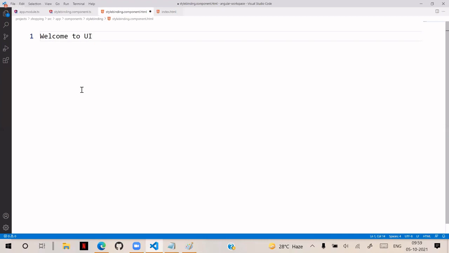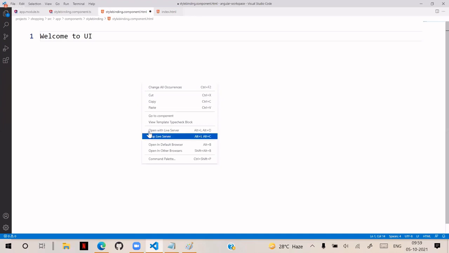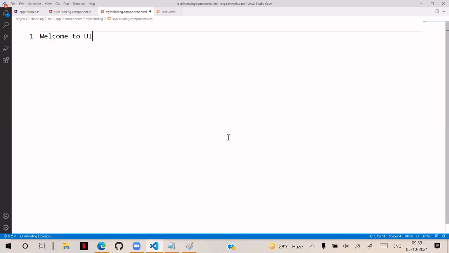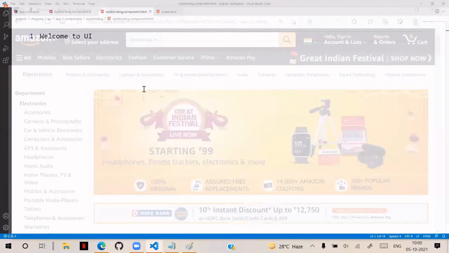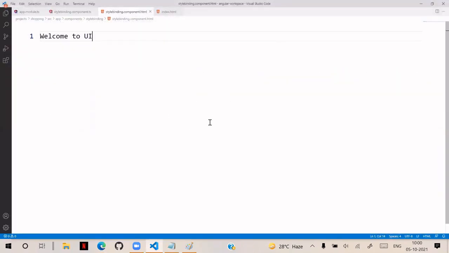Am I using any language here? I am not using any language. I will open this in a browser. Browser means Internet Explorer, Firefox or Chrome, any browser. Let's launch this in a browser and see.